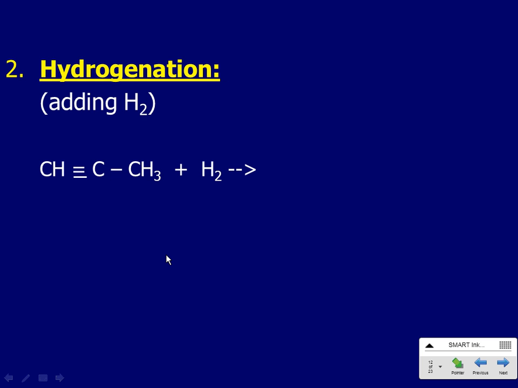We can add hydrogen. It's called hydrogenation. And these terms are going to be important. They will be the types of things I will be asking you about, right? So we've got halogenation and hydrogenation.